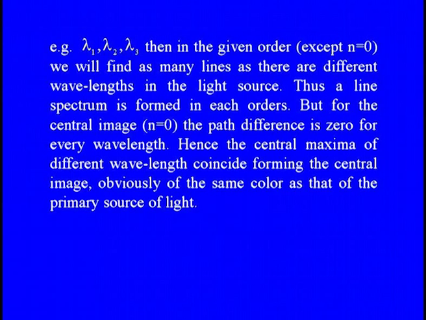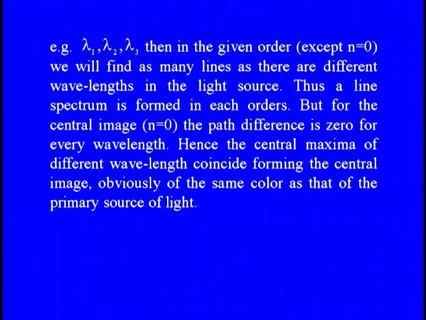Thus, a line spectrum is formed in each order, but for the central image, that is for n = 0, the path difference is 0 for every wavelength.